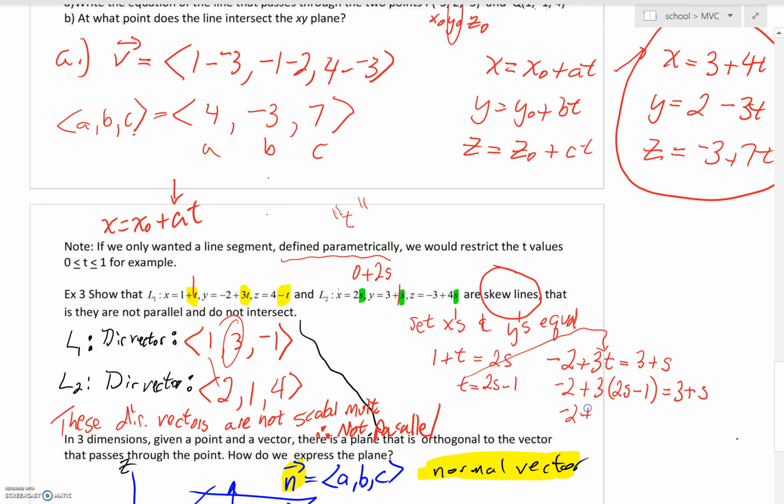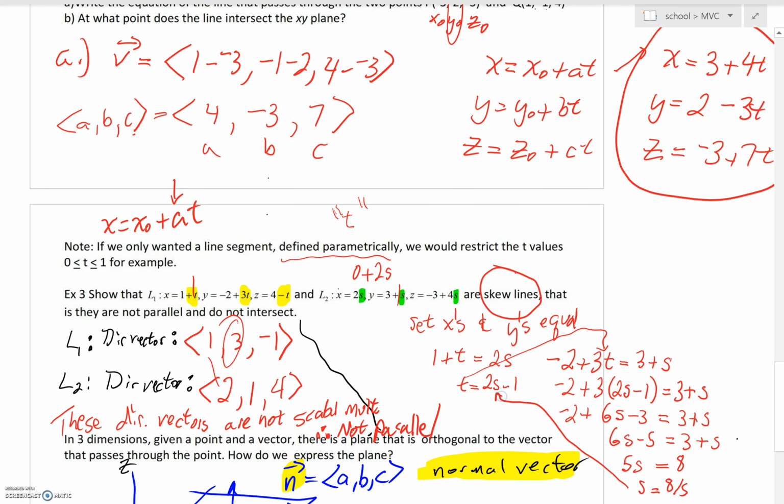As I go ahead and distribute this 3, we'd get 6s minus 3 is equal to 3 plus s. If I were to subtract an s from both sides, simultaneously add a 5, we'd have 5s is equal to 8. Very quickly we would solve and get s is equal to 8/5.